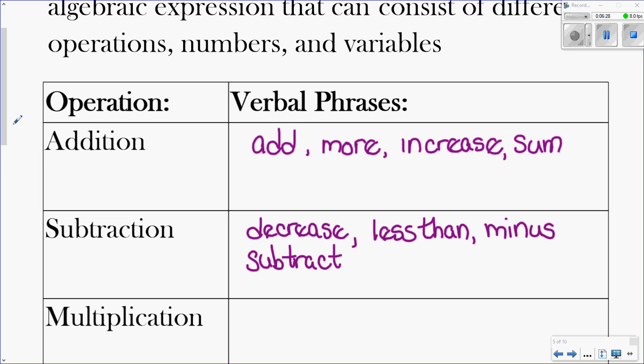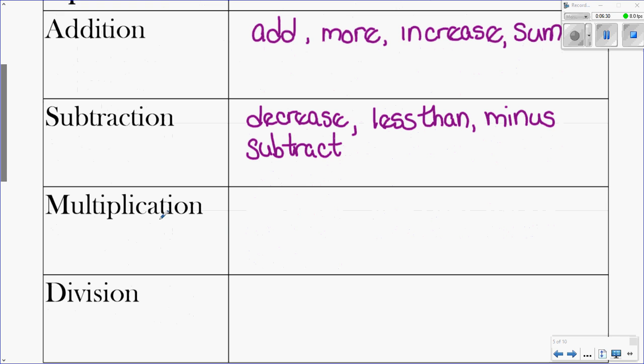Those are a few of them. For multiplication, words like times, or if you see the word product, or the word multiply.